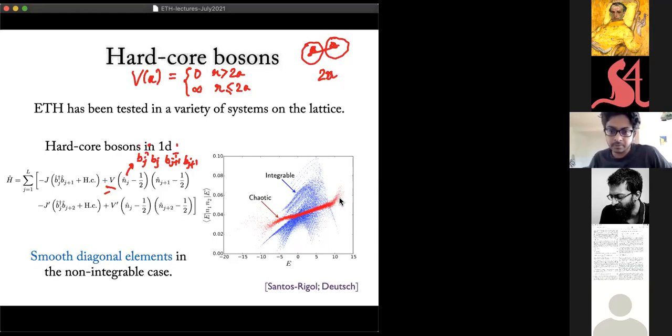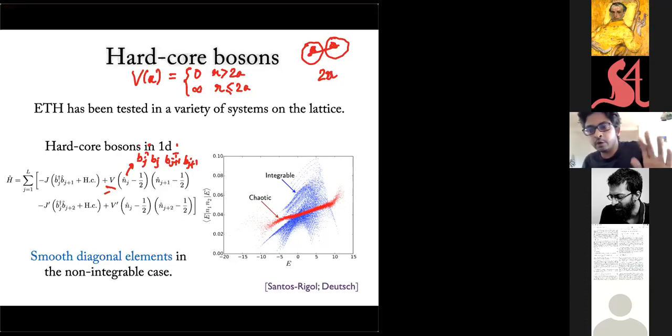I'm not understanding. Smooth means it should be integrable, right? No. Recall what we discussed in the previous lecture. We saw this long time average, which went as the sum of |C_m|^2 times the diagonal matrix element O_mm.